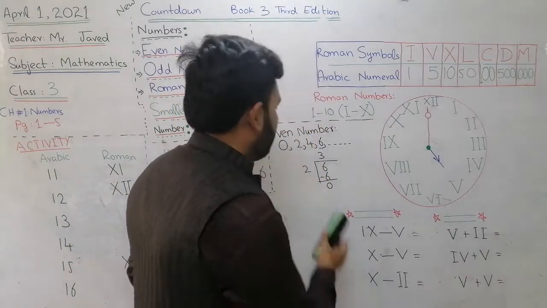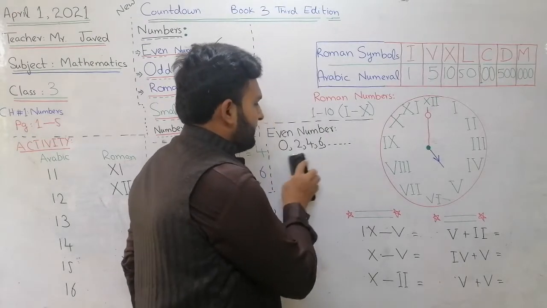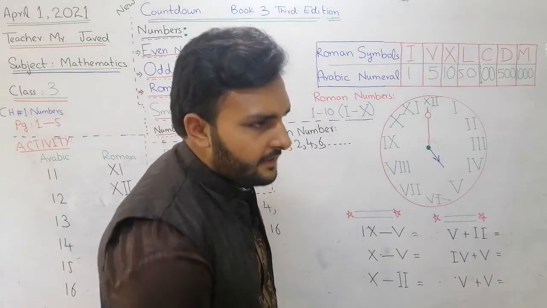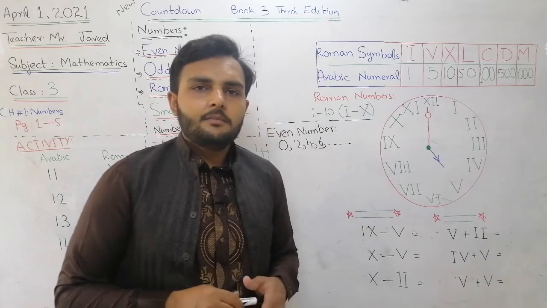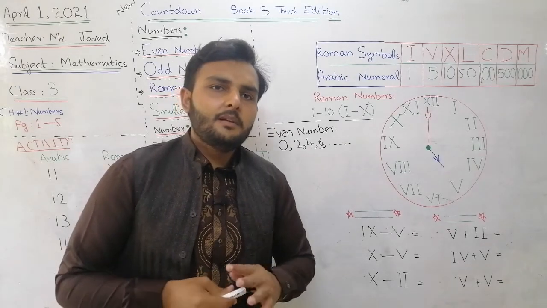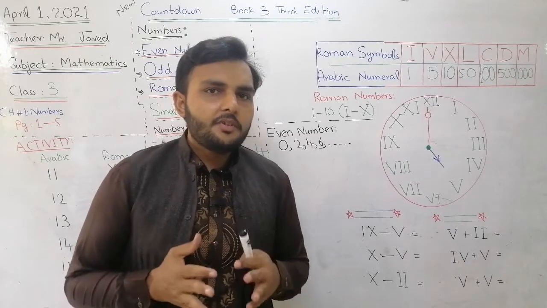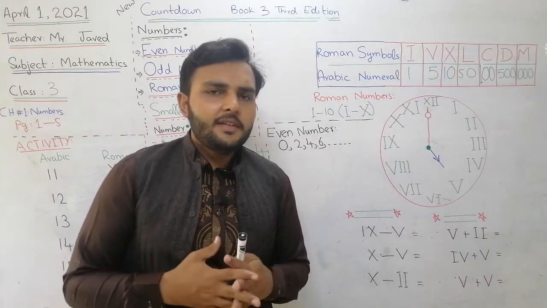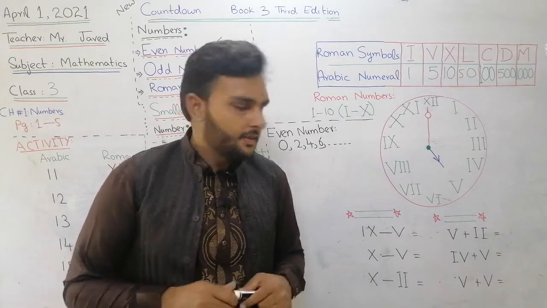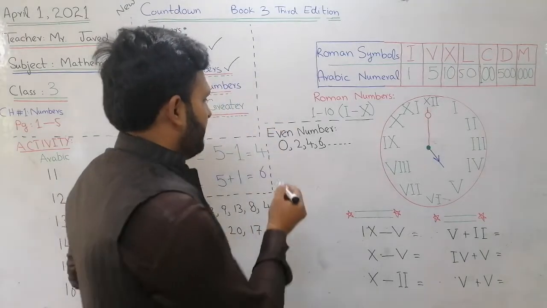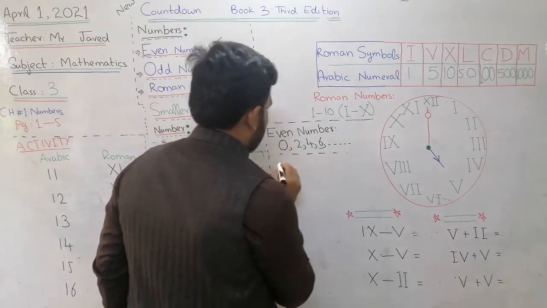So this is the basics of even numbers. I am going to repeat one last time: even numbers are the numbers that can be divisible by 2. You can use the word divisible, or if you want to use the word divided, then you will say exactly also. The next is odd numbers.